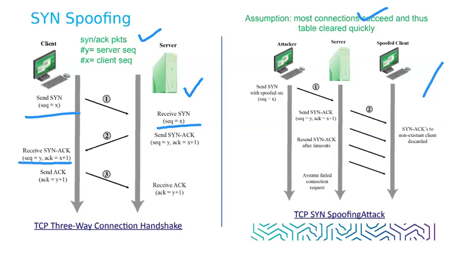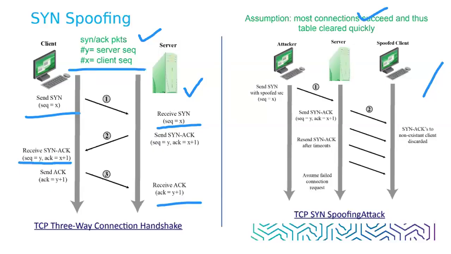Now you may think, why is the acknowledgement equal to X plus 1? Because the server is acknowledging the receipt of the client's SYN. Next, the client sends the acknowledgement ACK equals Y plus 1. Now both sides are agreed, and the TCP connection is established between the client and the server.